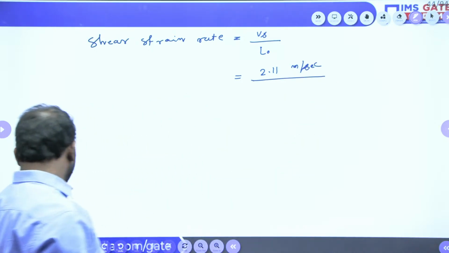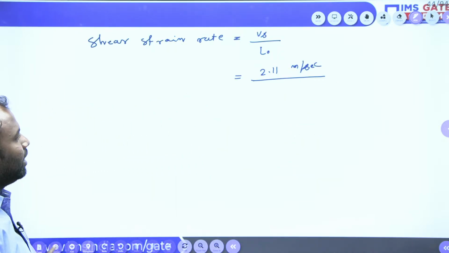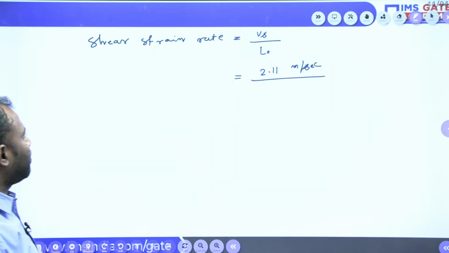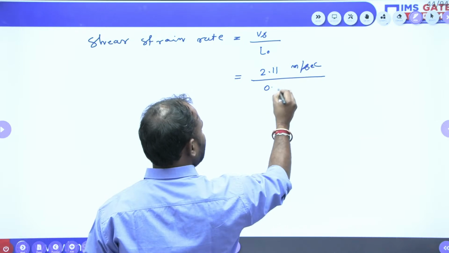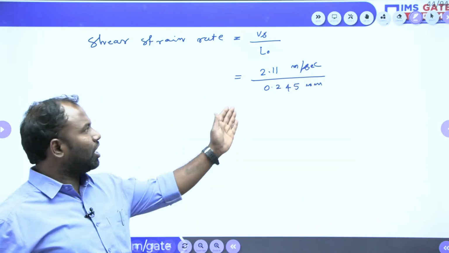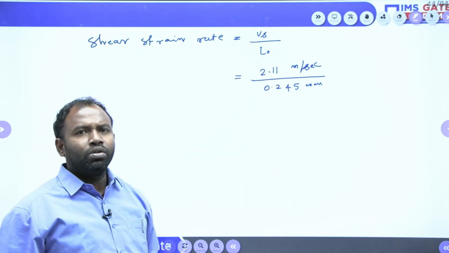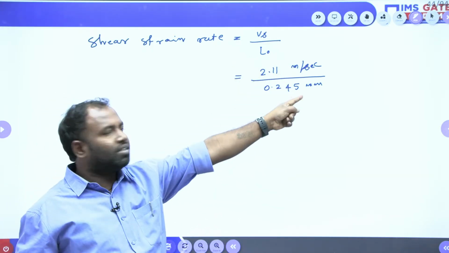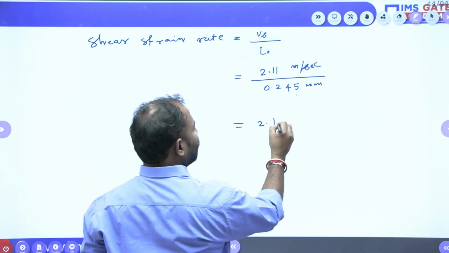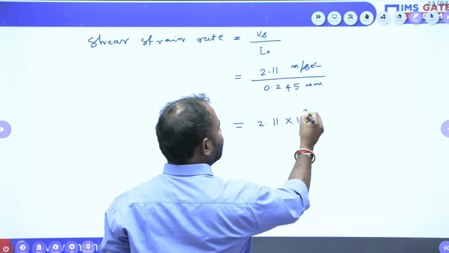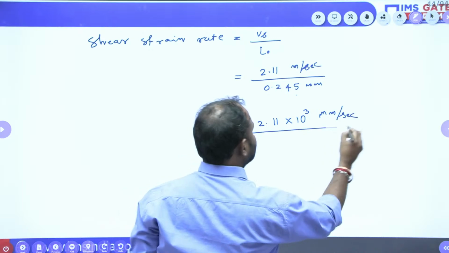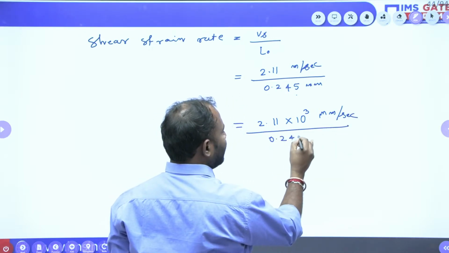Units are very important, guys. Here it is in meters and here in mm, so I convert the equation: 2.11 into 10 cube mm per second divided by 0.245 mm.